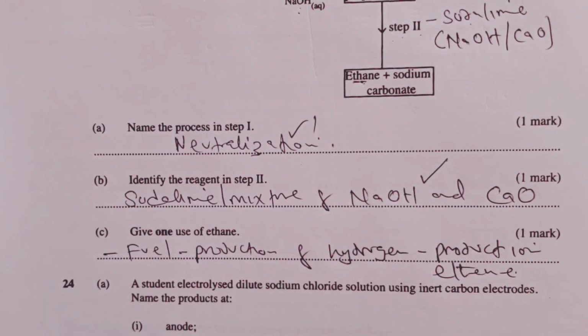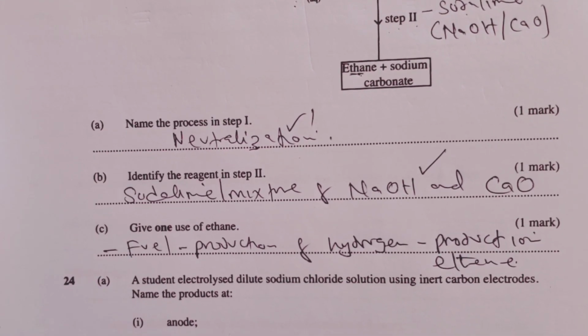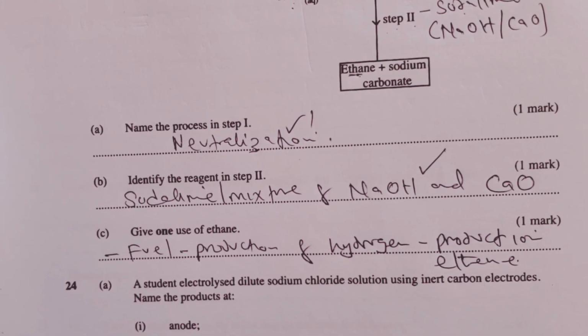I know this is going to be some news to our learners, but please take note, we can obtain an alkene from an alkane, like in this case, through what we call steam cracking.